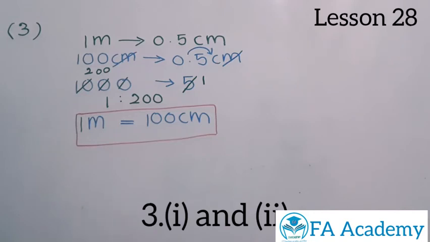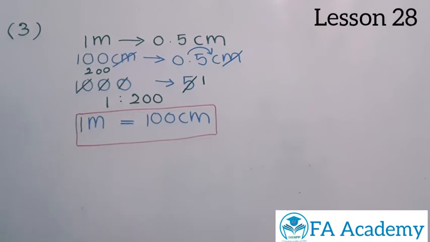After getting the ratio, what you have to do? Draw a scale diagram of the plan using this scale. That's the second question. So when they ask you to draw, you have to find the exact length which you have to draw. That's not the actual length, that's the length for the sketch you need to draw in your book.